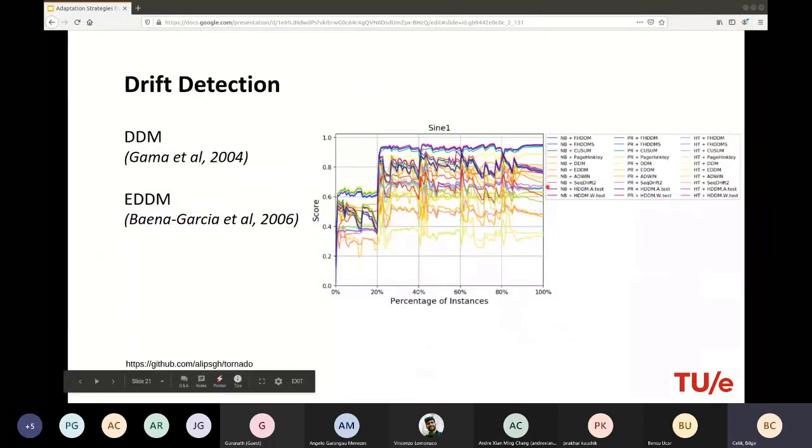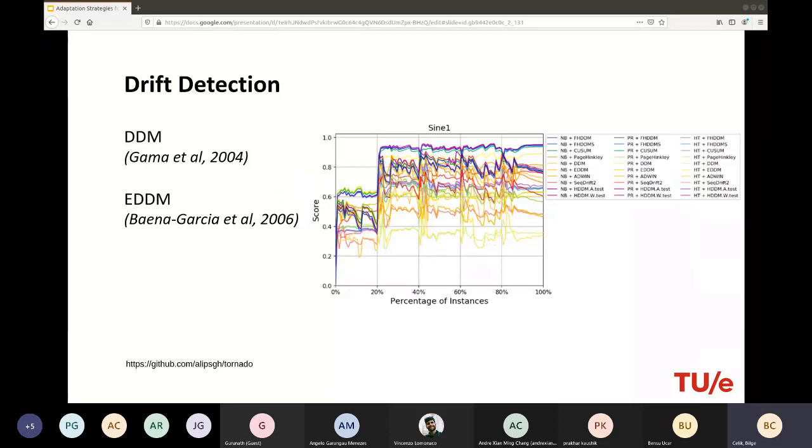Again, there are several approaches for drift detection, and there are many different drift detection algorithms, and they can affect the performance of the learner differently, as you can see from the example, based on the characteristics of the data stream or the learner. One of the most fundamental ones is DDM, and there are many variations of it. In this research, we are actually using EDDM, which is an improvement to DDM to detect gradual drift better.